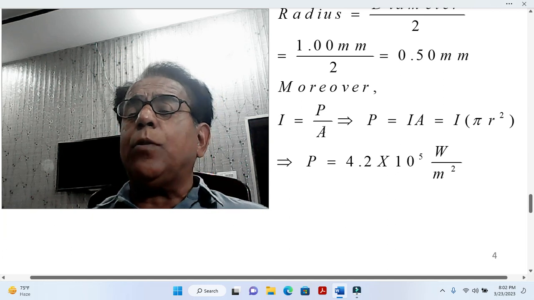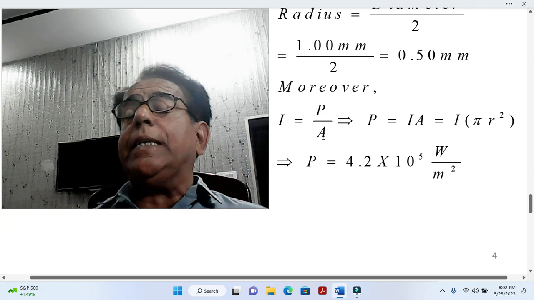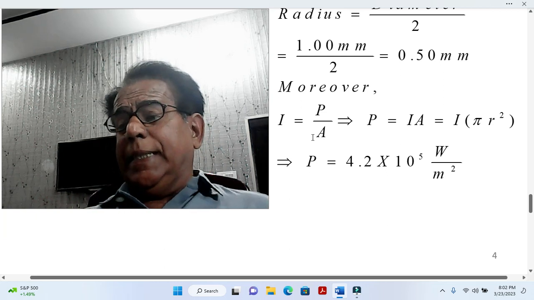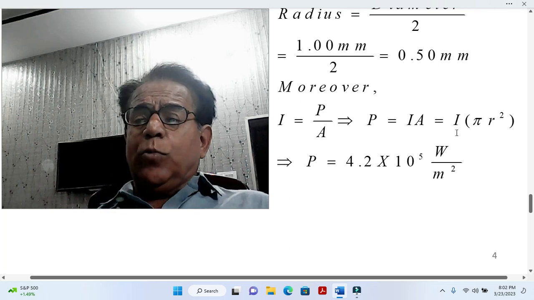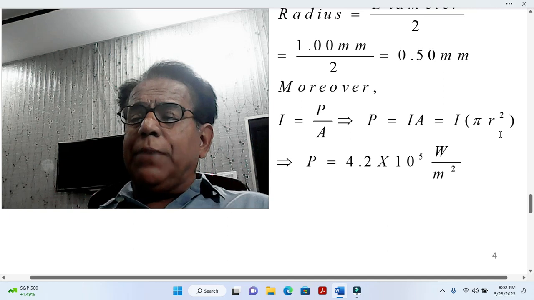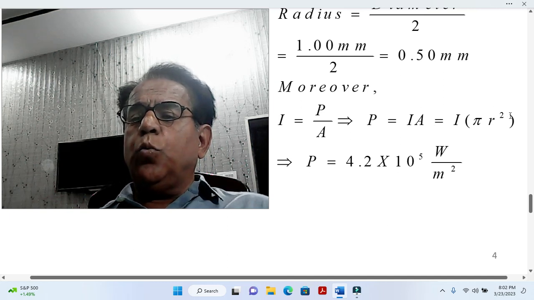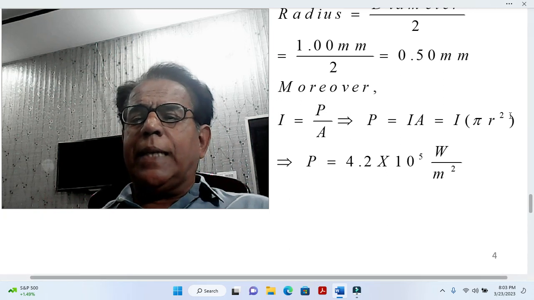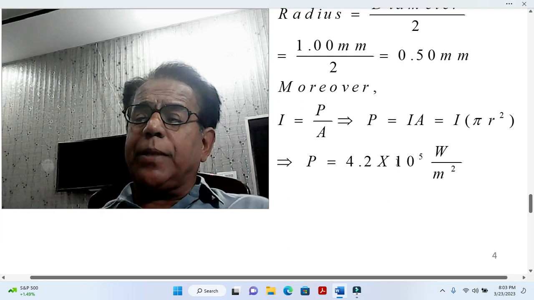But in that tool, 4 pi r square is given, while here we have denoted it by A. This implies that P is equal to I into A, and in place of area we have taken the area of a circle, pi r square.